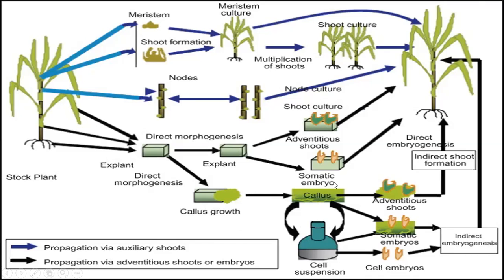And from this callus we will get adventitious shoots or somatic embryos, which is indirect embryogenesis, through which we will get the final plantlet. And this callus can be used as an explant in the cell suspension culture, where we are able to keep these cultures for a very long time. And there are again some different purposes of this cell suspension culture, okay. So this is the flow chart of the process.